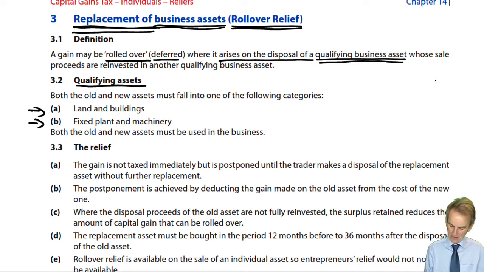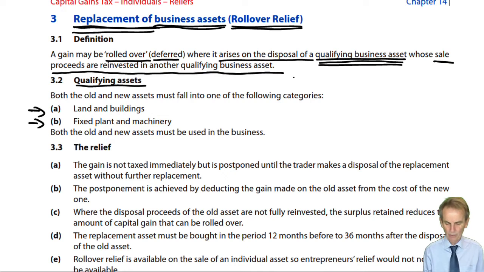Now, we've said here, disposal of a qualifying business asset whose sale proceeds are reinvested in another qualifying business asset. I've kept on saying that for all of the gain to be deferred, all of the proceeds must be reinvested. If we do not reinvest all the proceeds, then we won't be entitled to defer all of the gain.